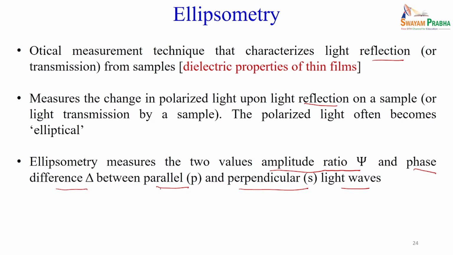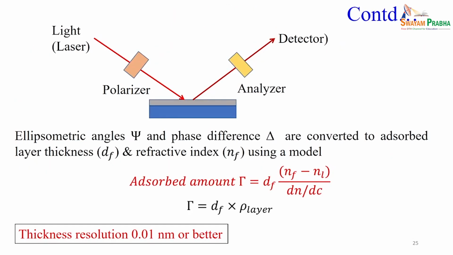Then from these values, amplitude ratio and the phase difference, we convert to the layer thickness and the refractive index.